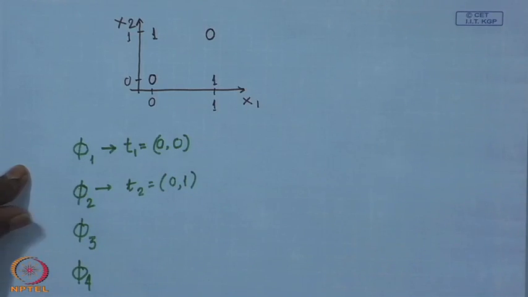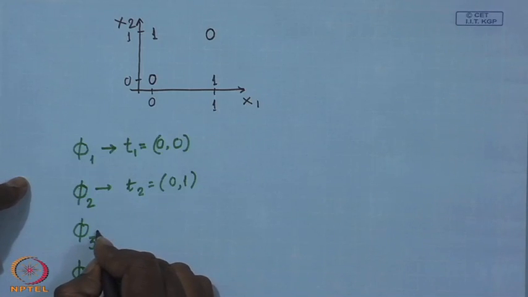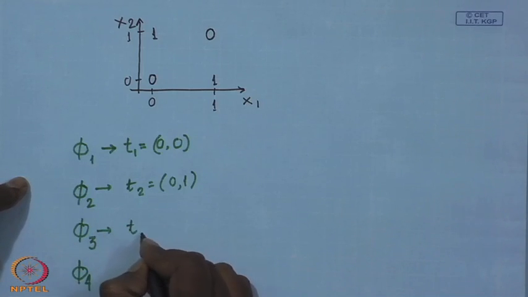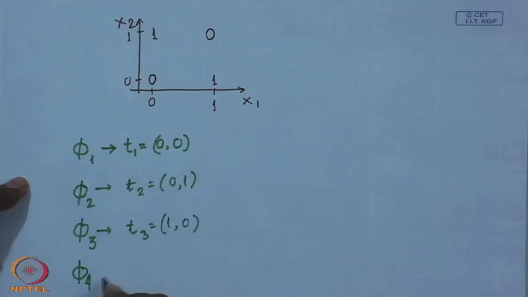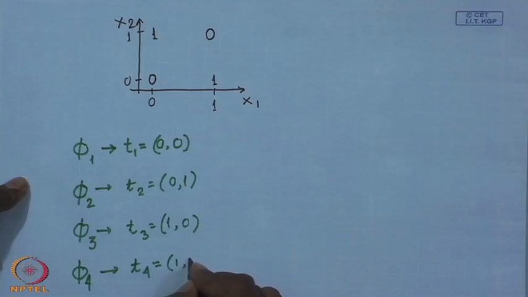That is the receptor of the radial basis function phi 2. Similarly, the receptors of the other radial basis functions I can choose as T 3 equal to 1 0, and T 4 equal to 1 1. So, these are the 4 receptors for the 4 radial basis functions.